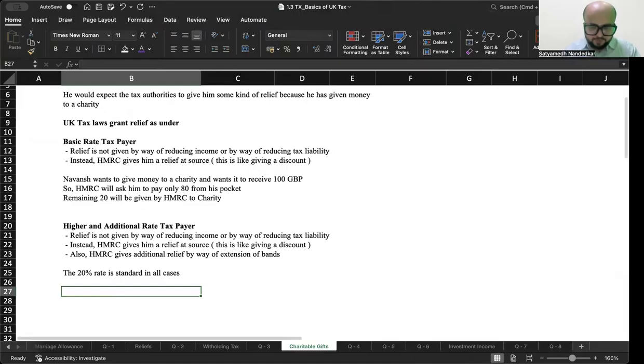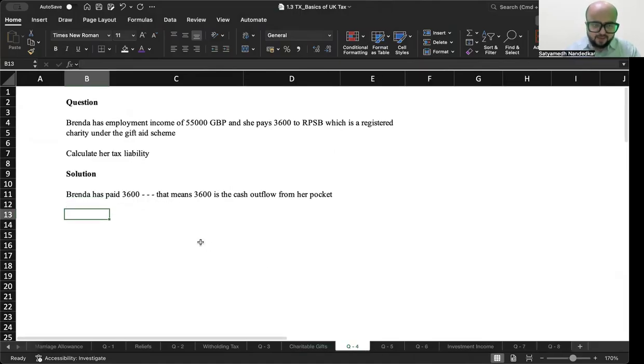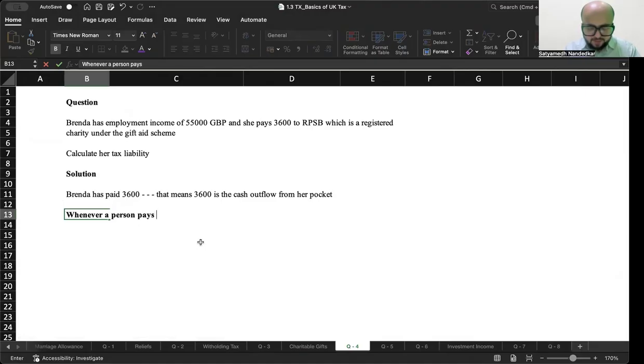Okay, so the idea is whenever a person pays X amount to a charity, HMRC makes a contribution from its own pocket.